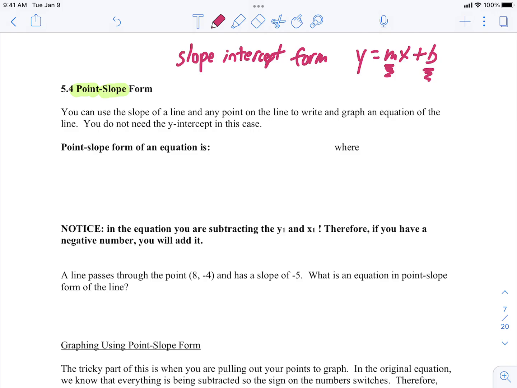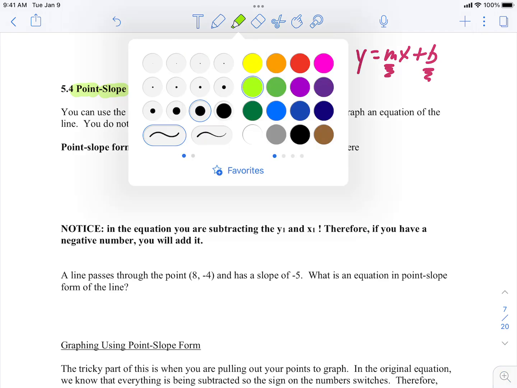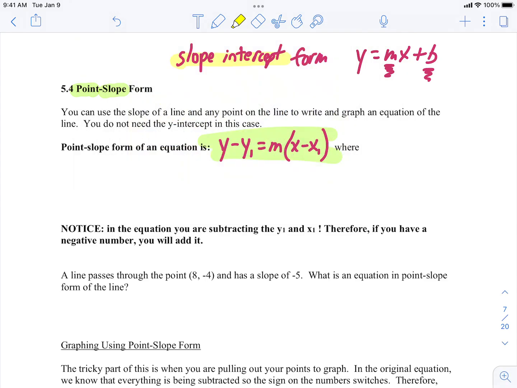The point-slope form of an equation is y minus y1 equals m parenthesis x minus x1. That is something you have to have memorized, something we'll use a lot. Similarly, like you memorized y equals mx plus b for slope-intercept form.